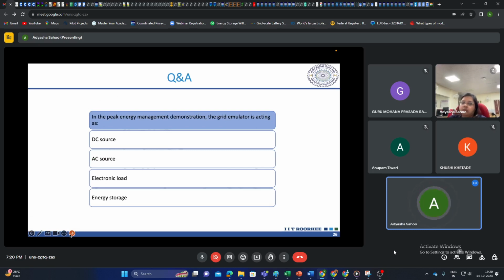Then in peak energy management demonstration, the grid emulator is acting as a DC source, AC source, storage, or energy storage, electronic load or storage. Okay, we got one AC source.